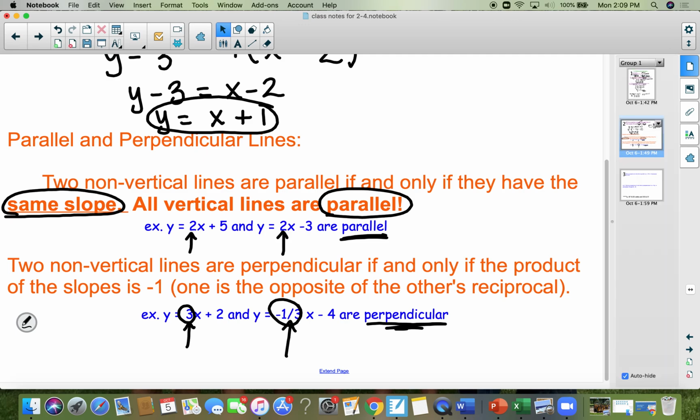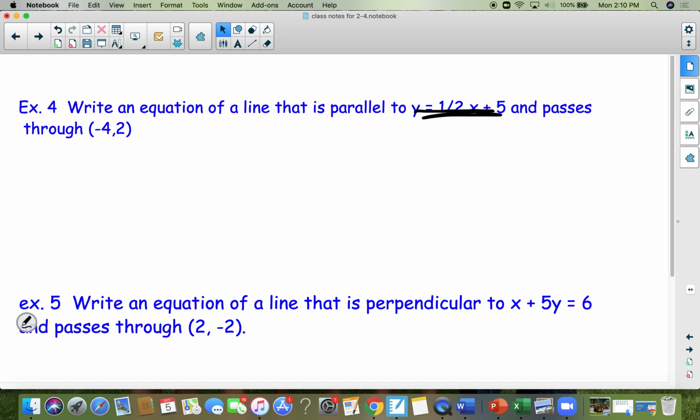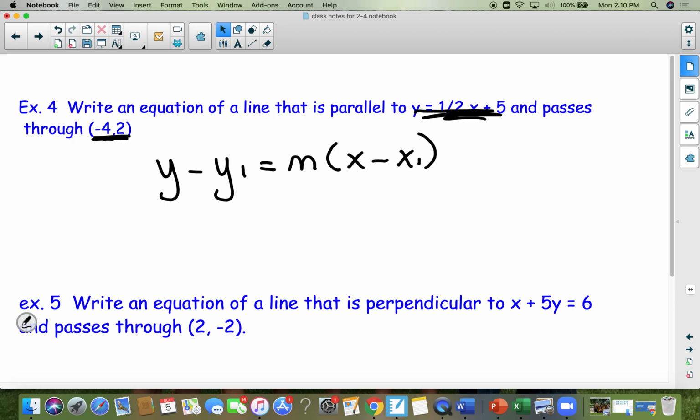So, for the last set of notes, write an equation of a line that is parallel to this one and passes through this point. Again, we're going to keep using y minus y1 equals m(x minus x1).